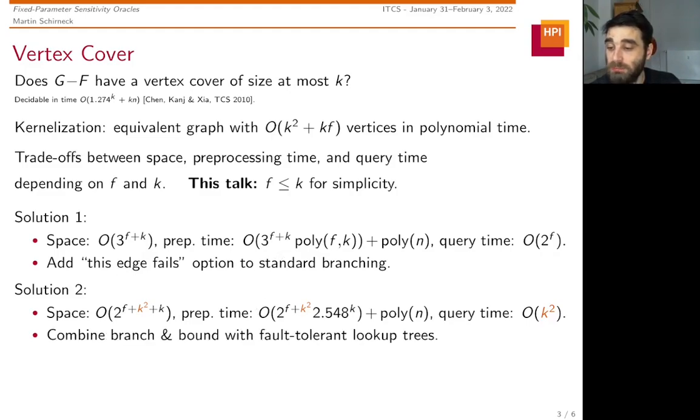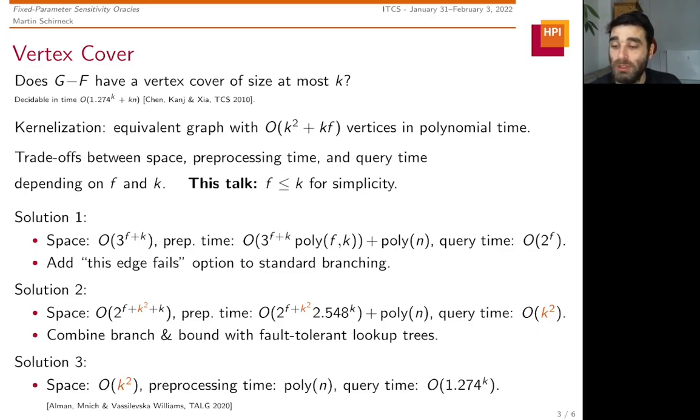We get this by combining the branch and bound technique, which is frequently used for exact exponential algorithms and therefore also for FPT, together with fault-tolerant lookup trees that then guarantee this fast preprocessing time and this fast query time in terms of k. But still, you may look for a solution that only has polynomial space, avoiding this exponential dependency on f and k in the space.